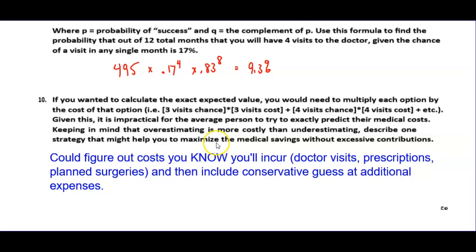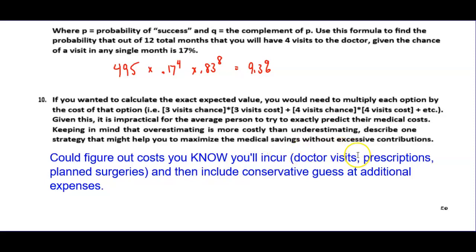So the takeaway from this, if I could have you leave with one thing here, when you're electing an FSA, and your first job is probably going to give you the opportunity to do that. What you want to say is, which costs do I know I'm going to spend for the year? So you know you're going to go to the doctor. You know there's going to be some prescriptions.